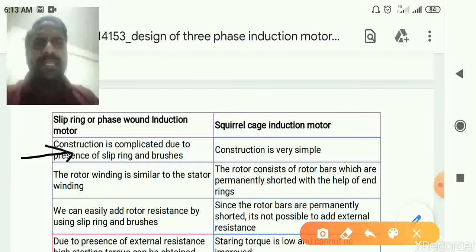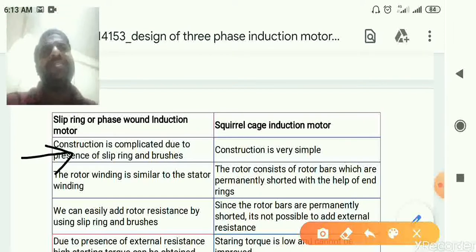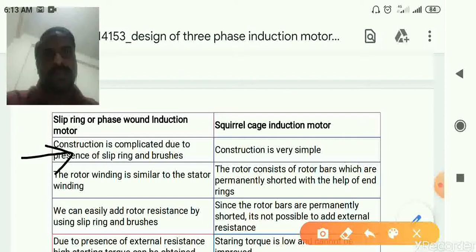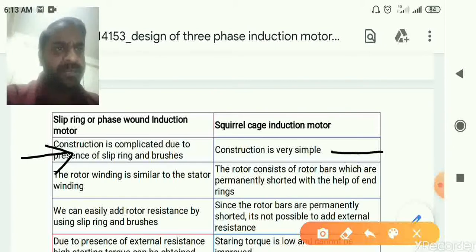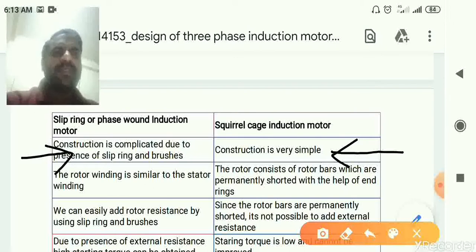The reason is that it involves a winding, brushes, and slip rings, whereas the construction of the squirrel cage induction motor is very simple, as it has only thick bars in the slots, and those thick bars are just short circuited with the end rings. So it has a very rigid and very simple construction.